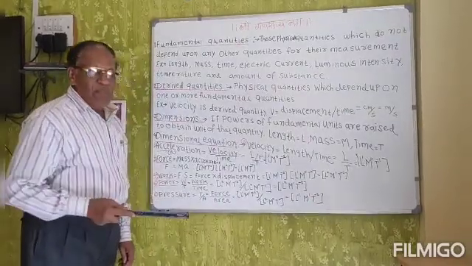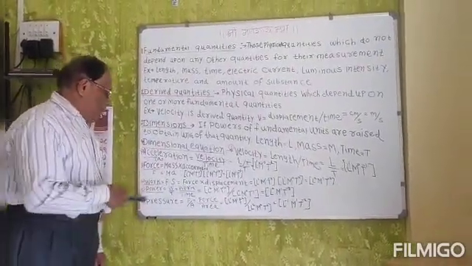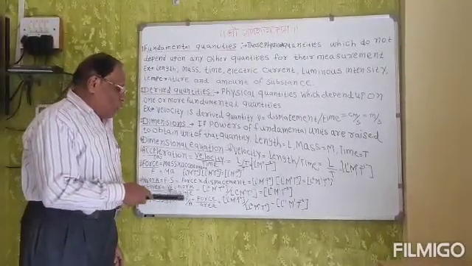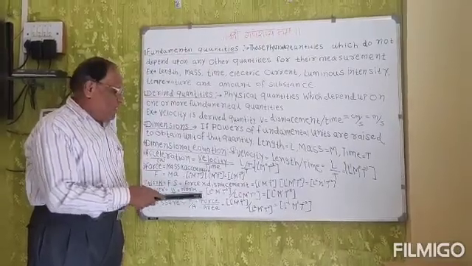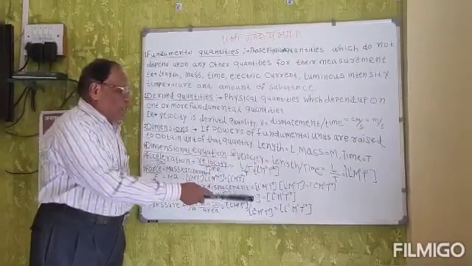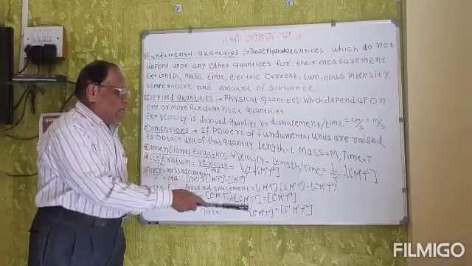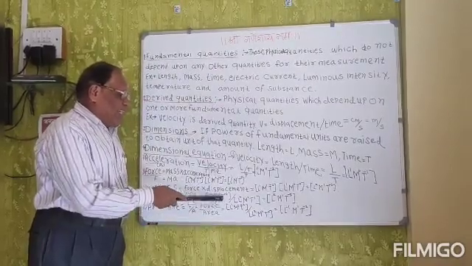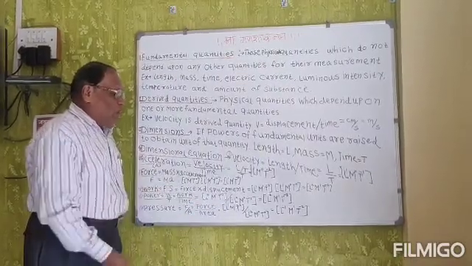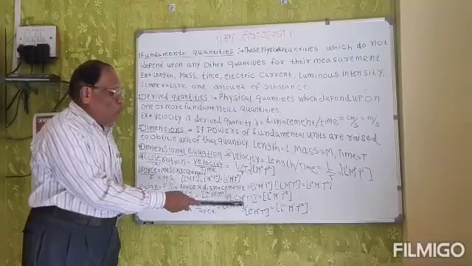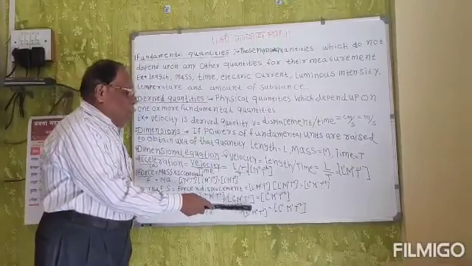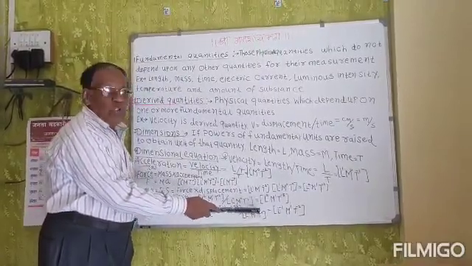Similarly, we calculate the dimensional equation of pressure. Pressure is equal to force upon area, and therefore that is equal to the dimensional equation of force divided by the dimensional equation of area. We write it as, in square bracket, length to the power 1, mass to the power 1, time to the power minus 2, divided by length to the power 2, mass to the power 0 and time to the power 0.